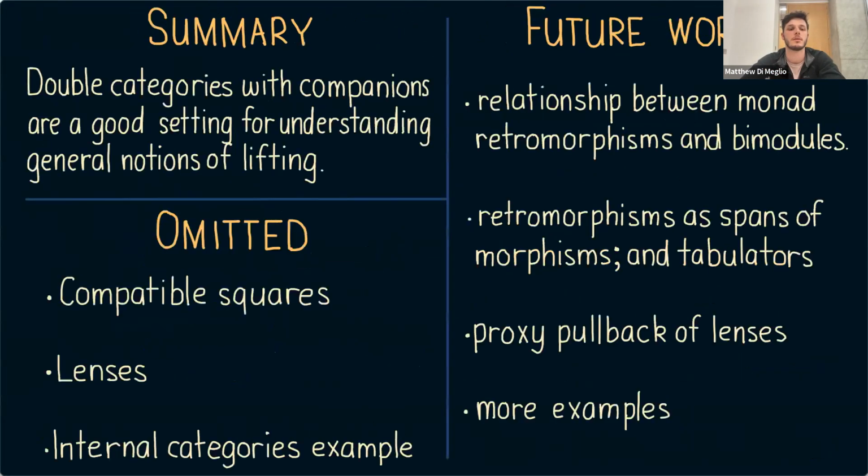Yeah. Can I ask a follow-up, just to make sure I understand? So ideally, there's something like a triple category in which you have the three of them, and then you have some sort of companionship between functors and profunctors, retrofunctors and profunctors. Something like this.